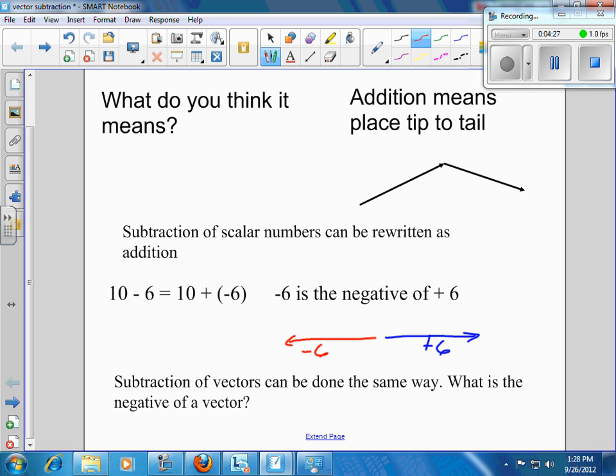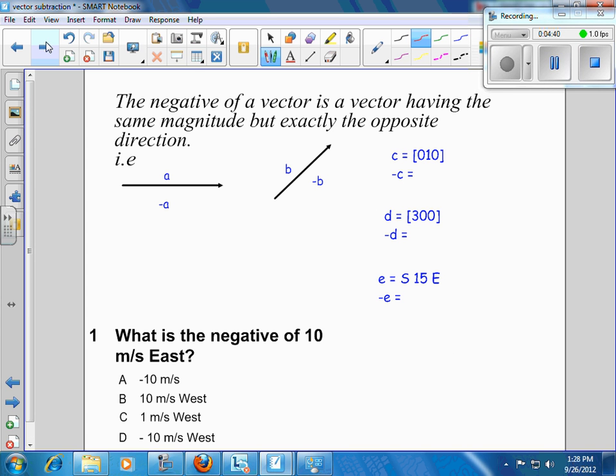And if you look at it that way, you're right, opposite direction. But is that true for 2 dimensions, you think? Why wouldn't it? So yeah, the negative of a vector is a vector having the same magnitude, but exactly the opposite direction.